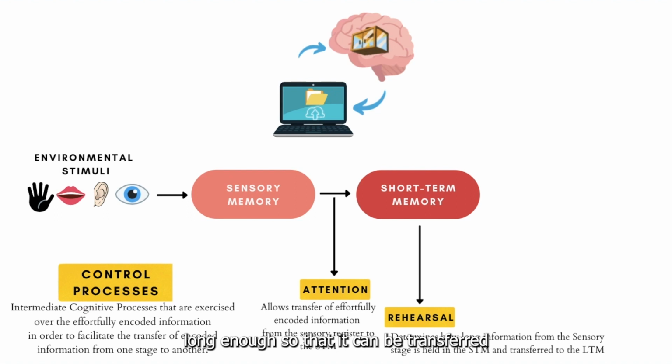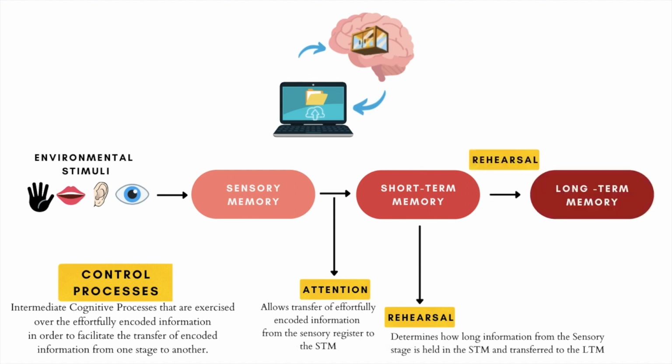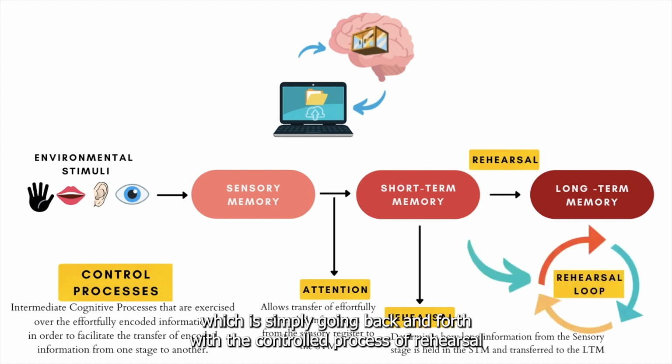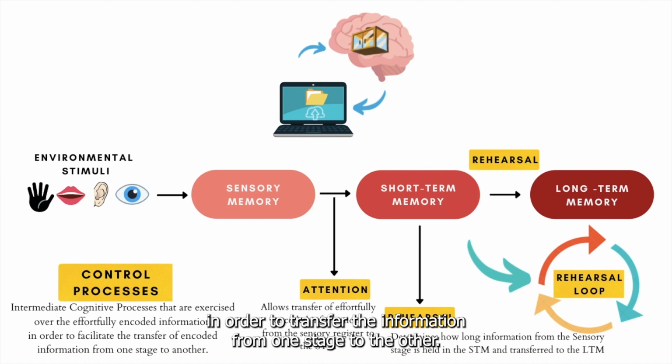Now, the continuous process of maintaining the incoming encoded information from the sensory unit in the system and holding it long enough to transfer it to the long-term memory is subject to the rehearsal loop process, which is simply going back and forth with the control process of rehearsal in order to transfer the information from one stage to another.